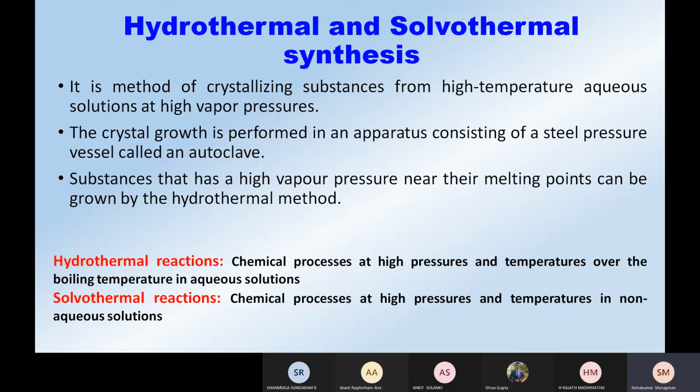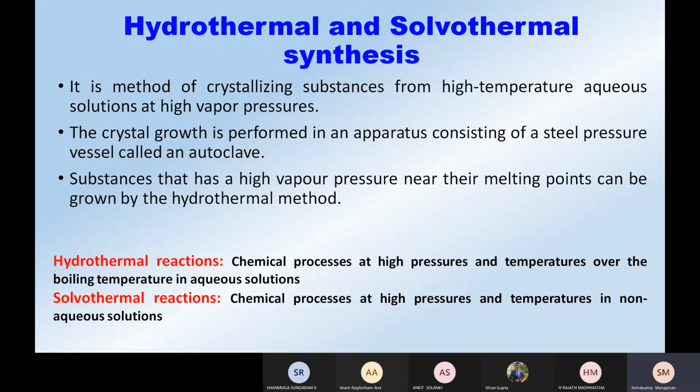Usually the precursors are dissolved in a suitable solvent or the aqueous media, and then poured into the autoclave, which will be under very high pressure as well as high temperature. And then the reaction gets initiated with the help of high pressure. Okay, which is called the hydrothermal method.